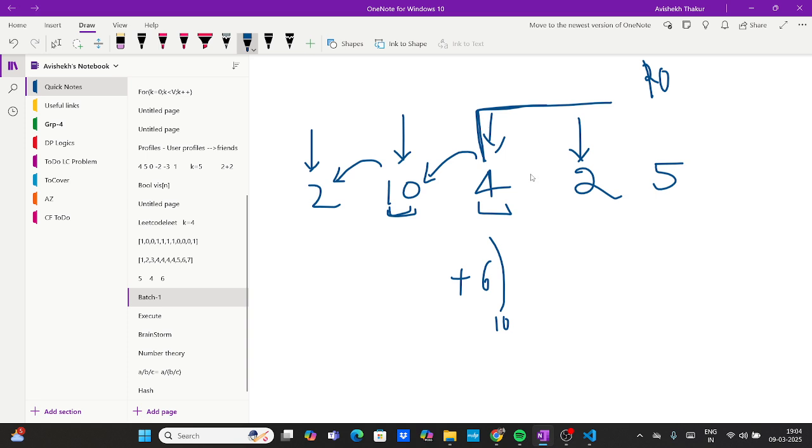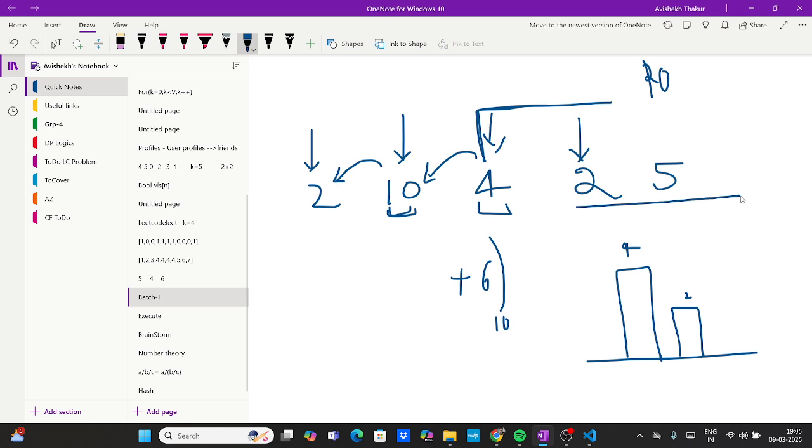When I am here, how many times do I need to increment? 8. It's actually 8, but if you see this in a visual manner, this is 4, this is 2.